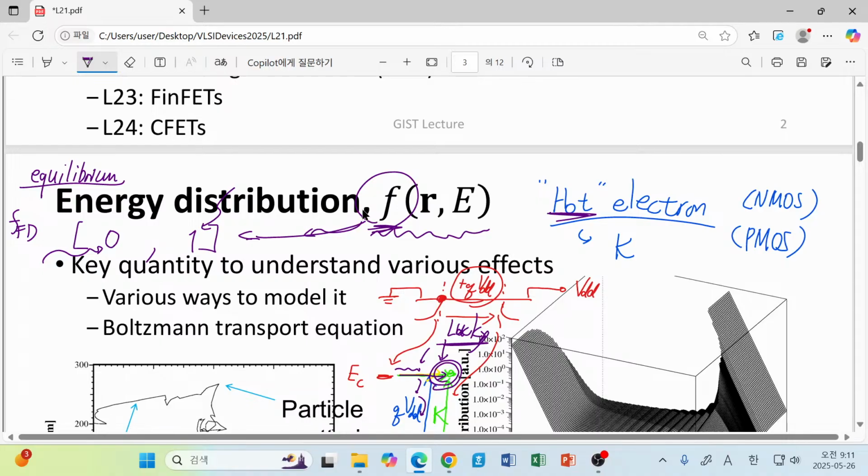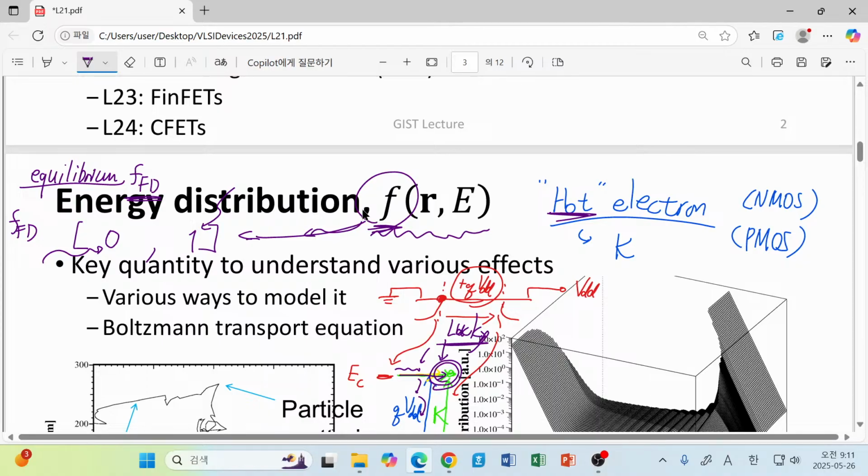The Fermi-Dirac distribution function is valid only at equilibrium. If we go to non-equilibrium cases, we cannot define a Fermi level. Once we can define a Fermi level, then we can define the Fermi-Dirac distribution for a certain energy level. However, in general, it's not possible. We have to consider the non-equilibrium case.